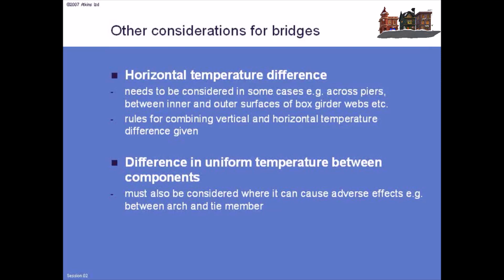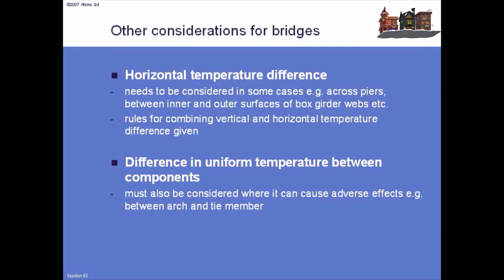And the only other thing that the Eurocode introduces, which again won't affect the majority of designs, is that in some situations we have to allow for a difference in the uniform temperature between different parts of the structure. So if you've got something like an arch bridge, again, in the past, people have sometimes thought, well, what happens if the deck is actually cooler than the arch rib because the sun's on the arch? But there hasn't been anything in the code previously.